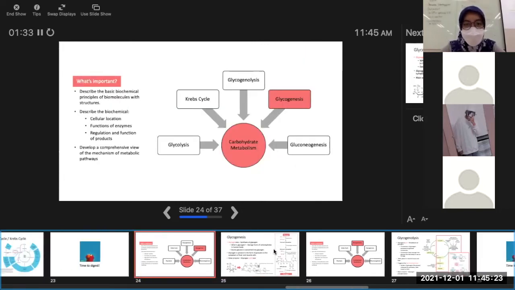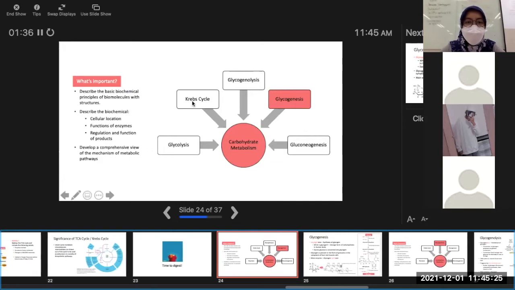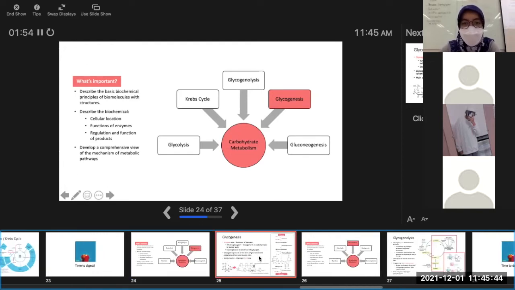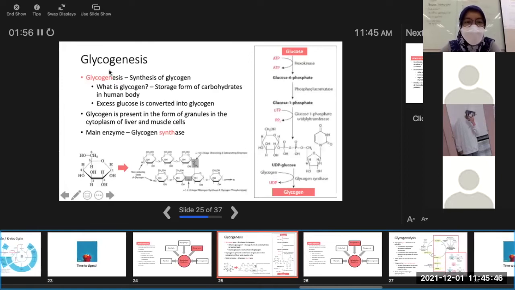All right. So we have covered glycolysis and then Krebs cycle. Krebs cycle, just for us to remember, is the continuation of glycolysis where pyruvate turns into acetyl-CoA, and that's when they yield ATP or energy. So next would be glycogenesis.